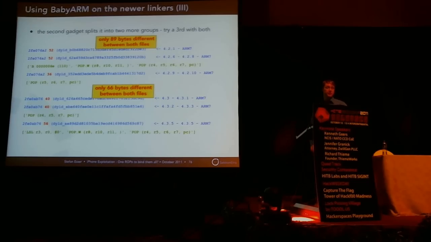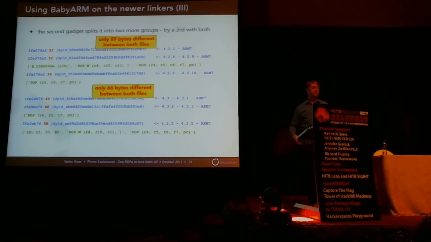So they're basically the same binary, just some field is different. Maybe some checksum is different or something like that, or some version number is just different. But aside from that, they are byte identical. And in the second case, there are even only 66 bytes different. So, yeah, this means for all further exploitation, they are basically the same binary for us.